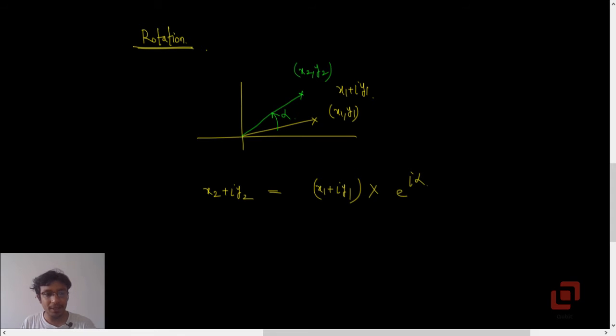So e to the power i alpha actually corresponds to the rotation of the radius vector in anti-clockwise direction. Well, it depends. If alpha is positive, then anti-clockwise. If it is negative, then clockwise.